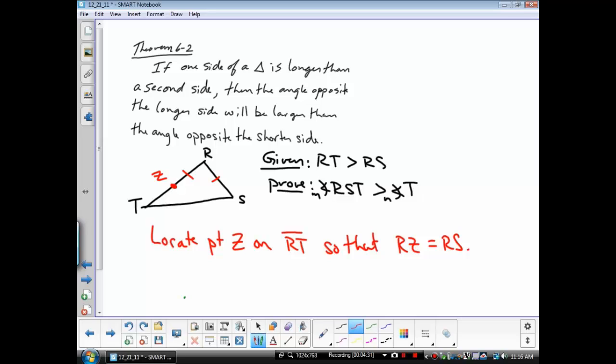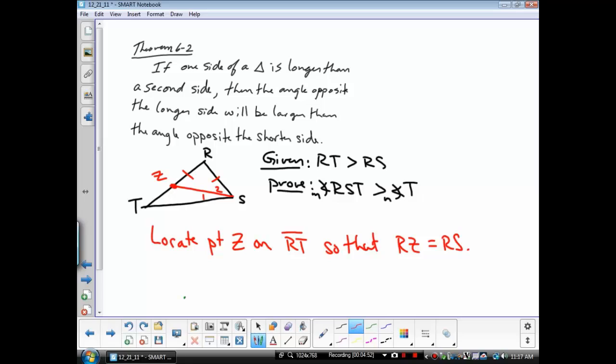Now what we're going to do is draw a segment from Z to S, forming an isosceles triangle. That segment cuts this angle into two pieces. We'll call them piece 1 and piece 2. So we have angle 1 and angle 2.